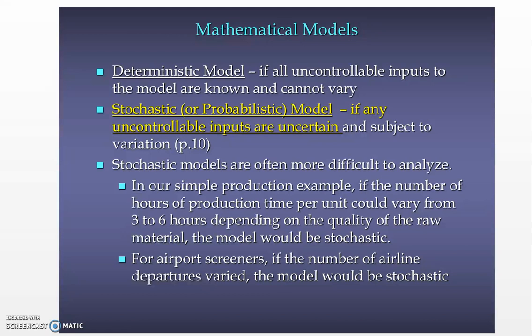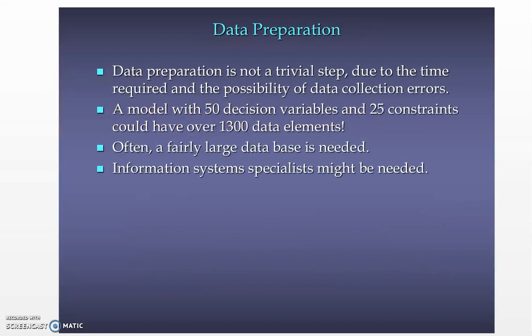Something that's really important when you're developing models and executing them for real-world representation is to understand where your data comes from, how you structure it, and how well you manage it. There could be a lot of different decision variables and constraints.